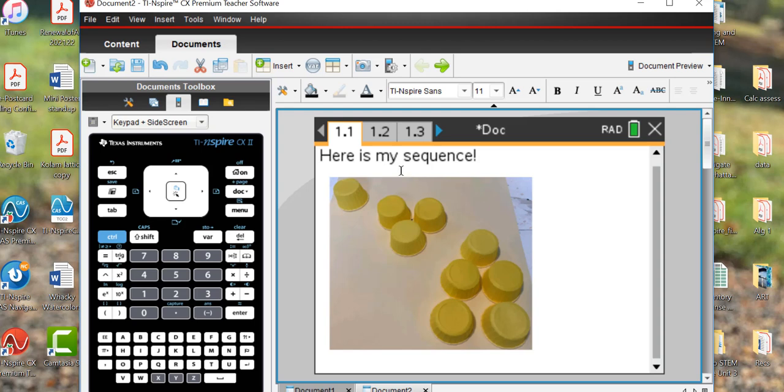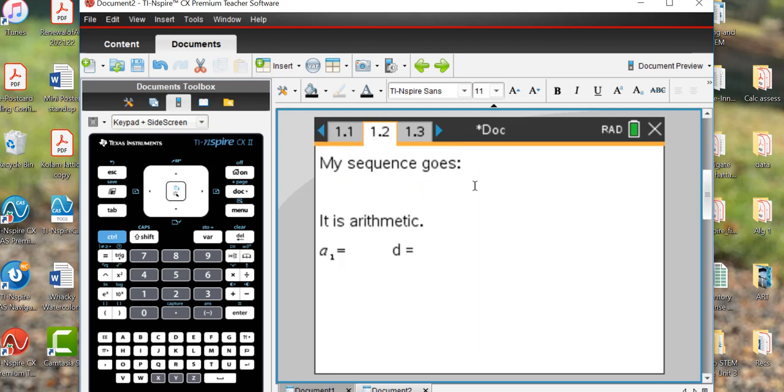Once they take the picture, then they have to explain everything about it. So this sequence goes 1, 3, 5, and so on. It is arithmetic, which means I should know what my first term is, and I should know what my common difference is.